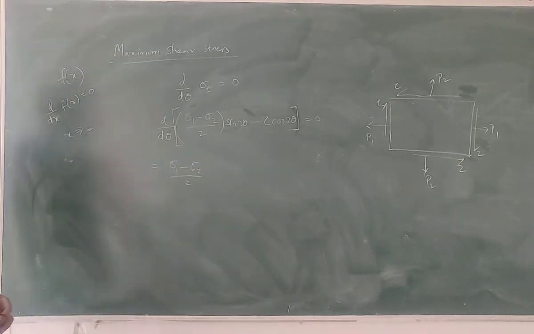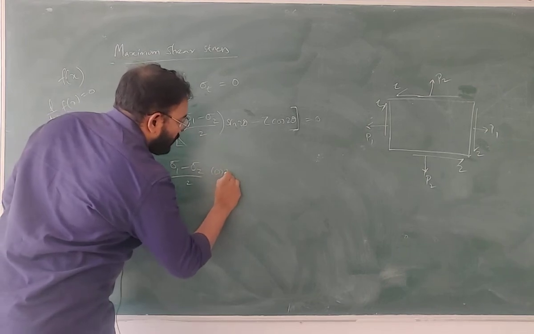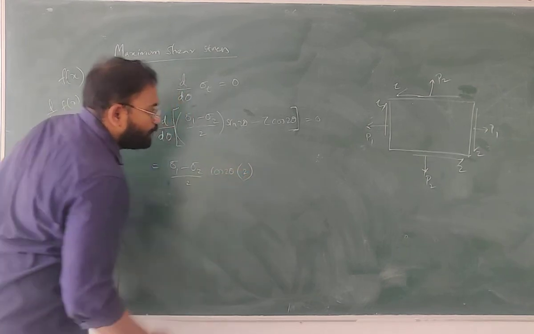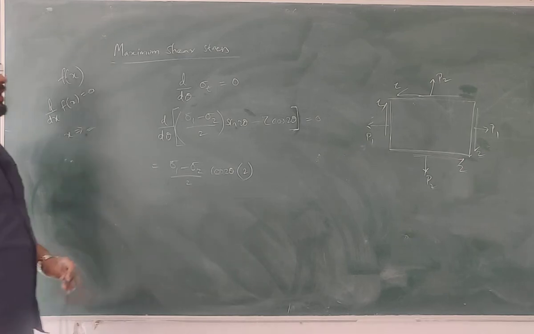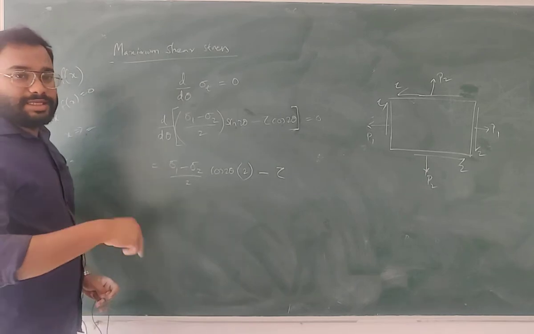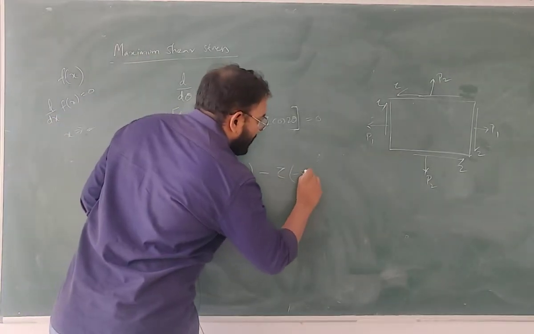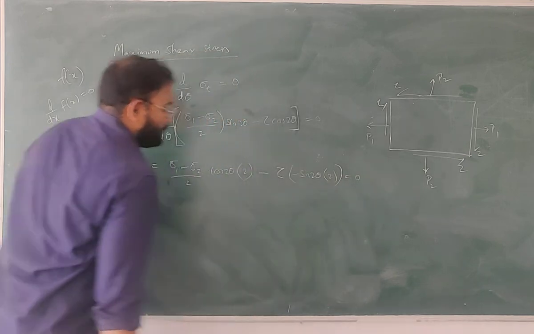What is the derivative of sin 2 theta? Sin will be plus cos, cos 2 theta into 2, or d by d theta of 2 theta will be 2. Minus tau into the derivative of cos, which is minus sin, minus sin 2 theta into 2 is equal to 0.